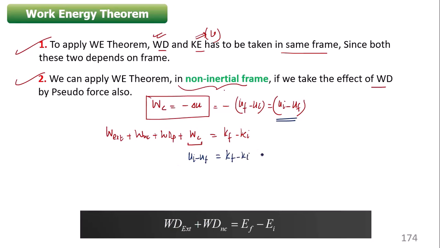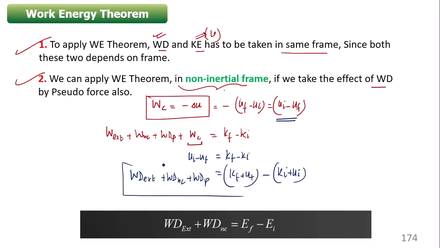Now if I take U i and U f to the other side, I am writing K f plus U f minus K i plus U i, which should be equal to the work done by external plus work done by non-conservative plus work done by pseudo. What it gives is K final plus U final, the total mechanical energy.